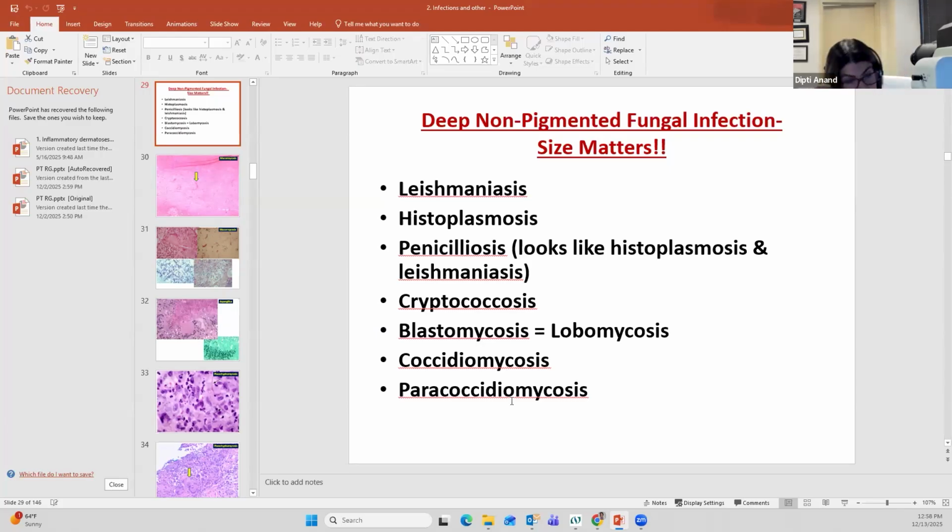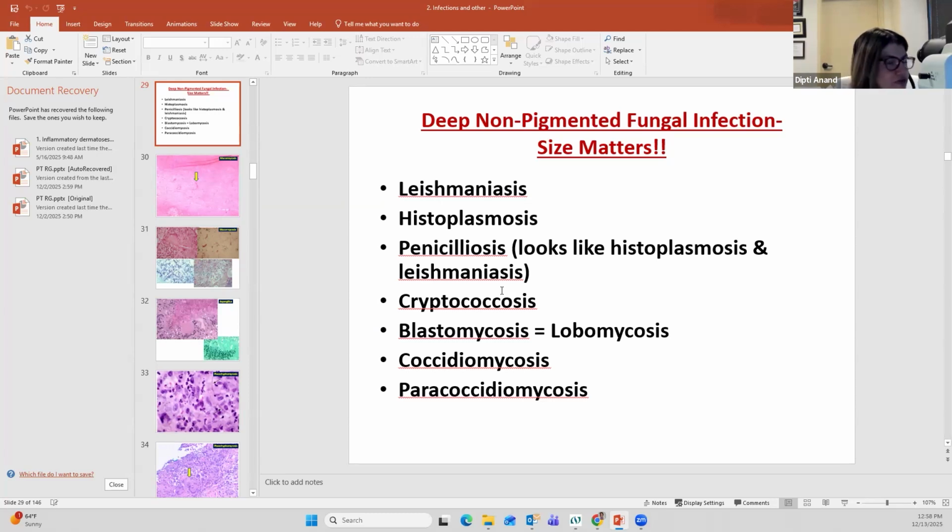There is another organism which I didn't put in here, which is the one that occurs in the lung. What is it? Pneumocystis carinii infection. That looks like cryptococcosis. So when you're going through this slide, remember, cryptococcosis equals Pneumocystis carinii. You guys know, right? That's the PCP pneumonia, an AIDS-defining illness. It more commonly occurs in the lungs, but it can also occur in the skin.